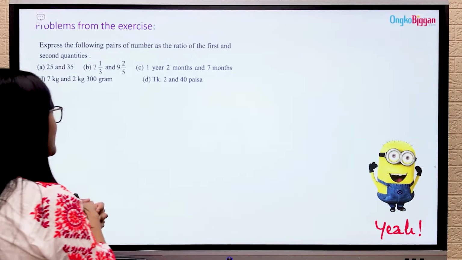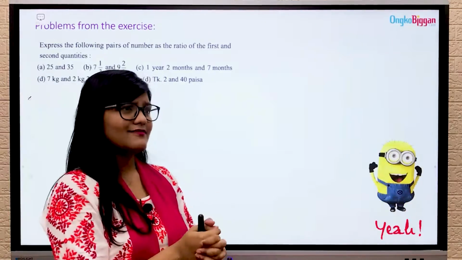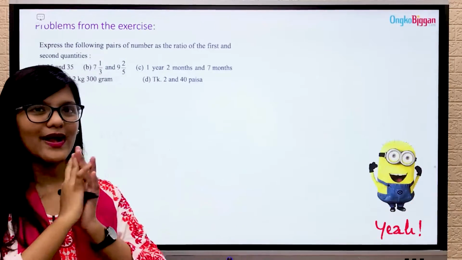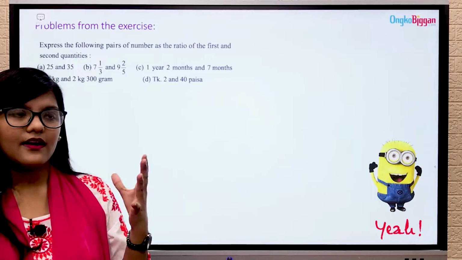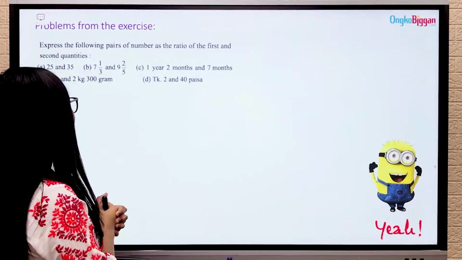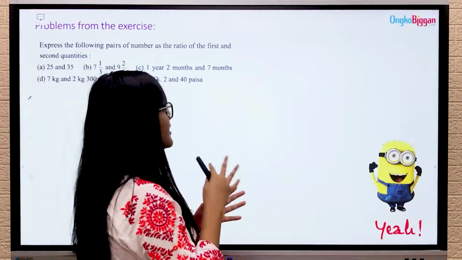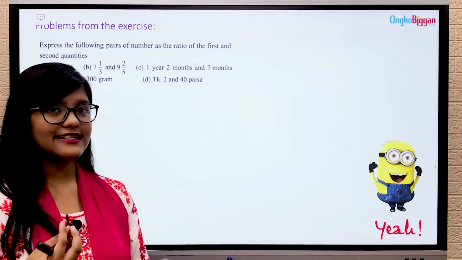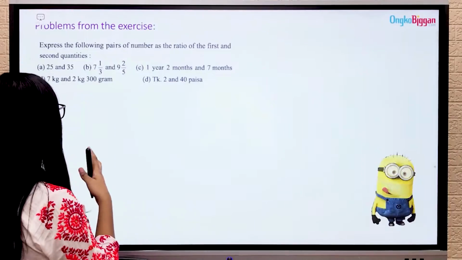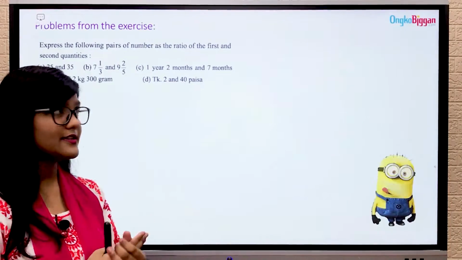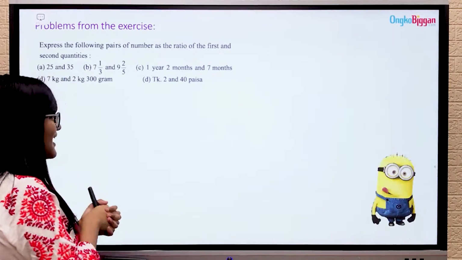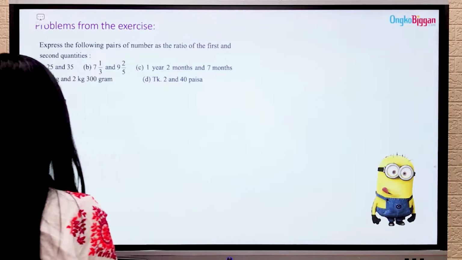These are very simple, simpler than chapter 1. In chapter 1 we had huge calculations, but in this chapter these are very conceptual. If you are clear about the facts or theory that we have learned, then congratulations, you have already learned the math. So yes, let's solve this.